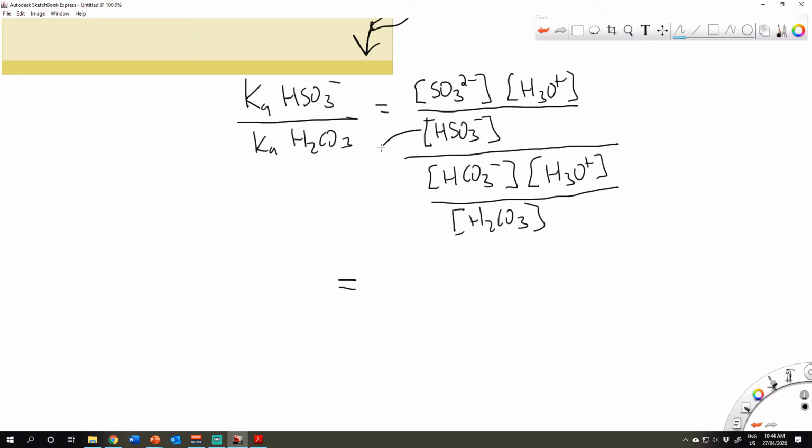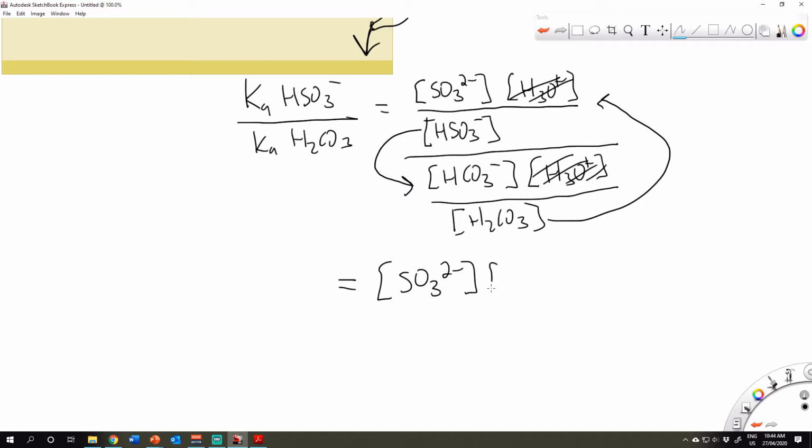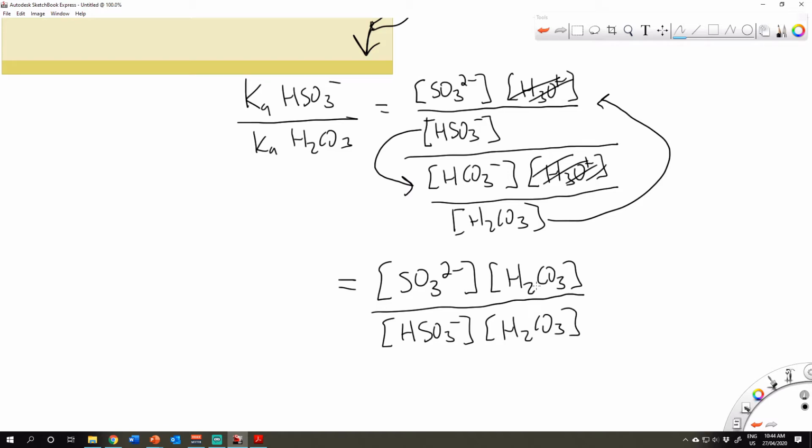This HSO3- can go to the denominator, this can go up into the numerator, the H3O+'s will cancel each other out, and we get the following: the concentration of SO3 2- times the concentration of H2CO3, all over HSO3- and HCO3-, which is really just the KEQ of the equilibrium that I mentioned before.